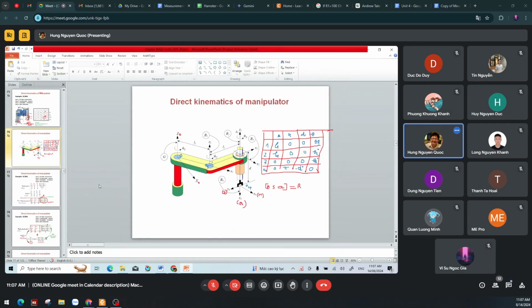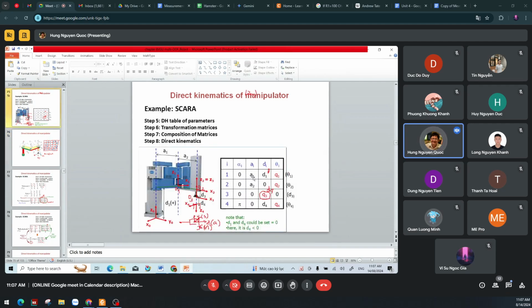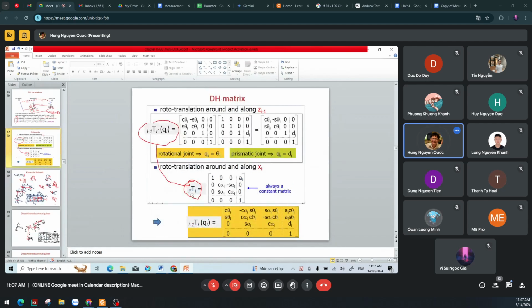Then you just put here alpha 1 equal to 0, A1 equal to A1, D1 equal to D1, theta 1 equal to Q1 or something like that, right? Then you put that into this one.